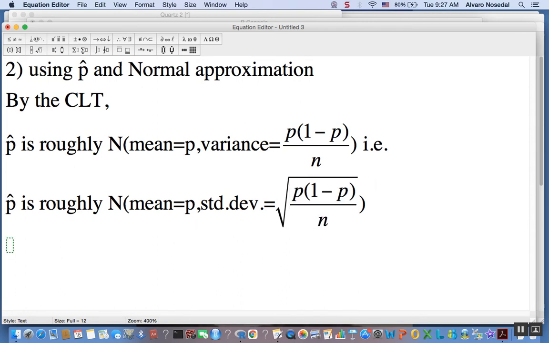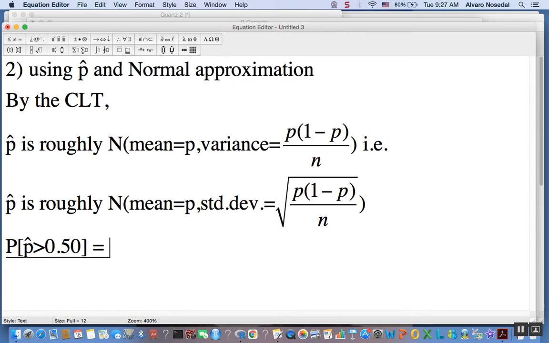Let me remind you that what we want is the probability that p hat, the sample proportion, is greater than 50%. That's our main goal.